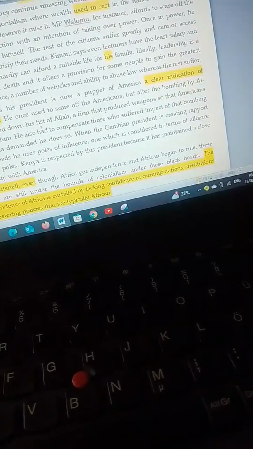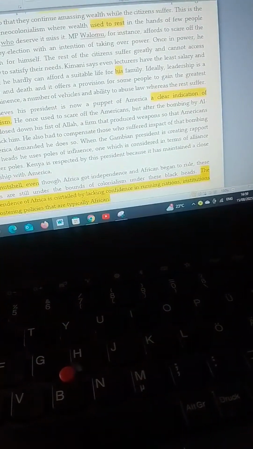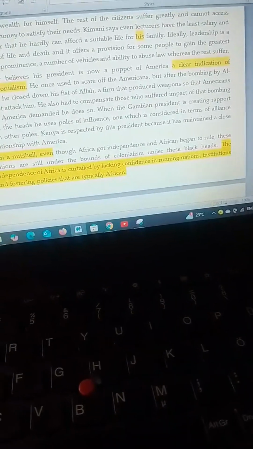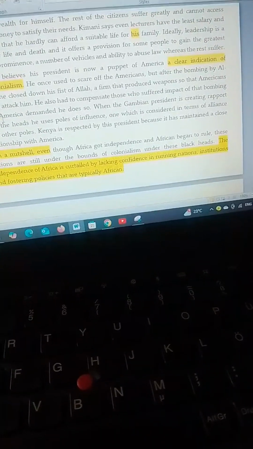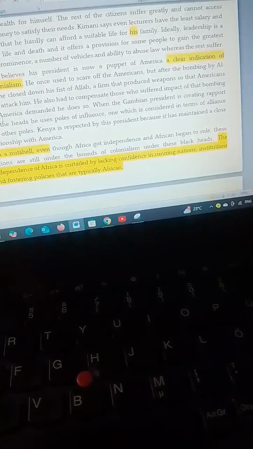The last body paragraph: Tahir believes his president is now a puppet of America, a clear indication of neocolonialism. He once used to scare off the Americans because he started even the Feast of Allah, a group that was allowing them to make their weapons.